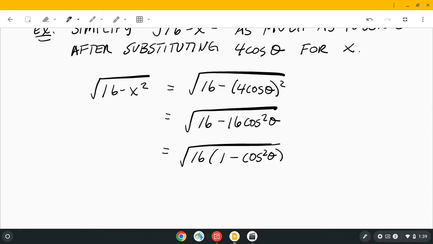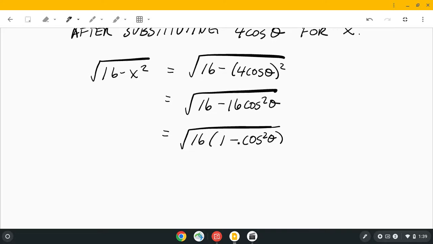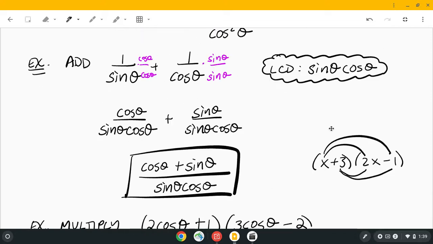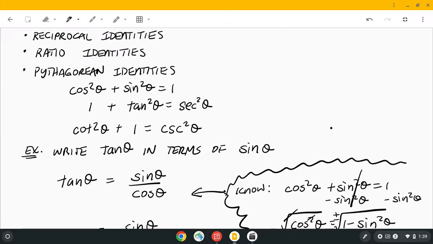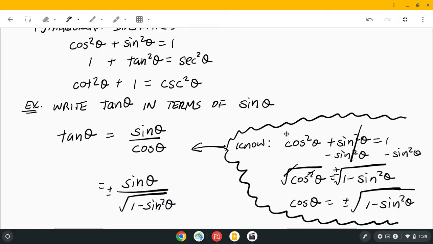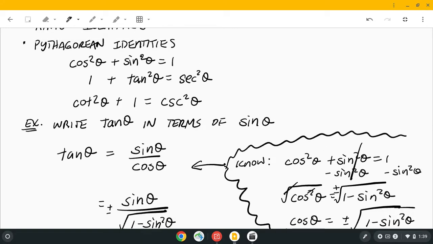And 1 minus cosine squared, we've seen that before. Let me scroll all the way to the top here, to the beginning. 1 minus cosine squared, we can obtain that from this first Pythagorean identity. If I subtract cosine squared from both sides, I get sine squared equals 1 minus cosine squared.